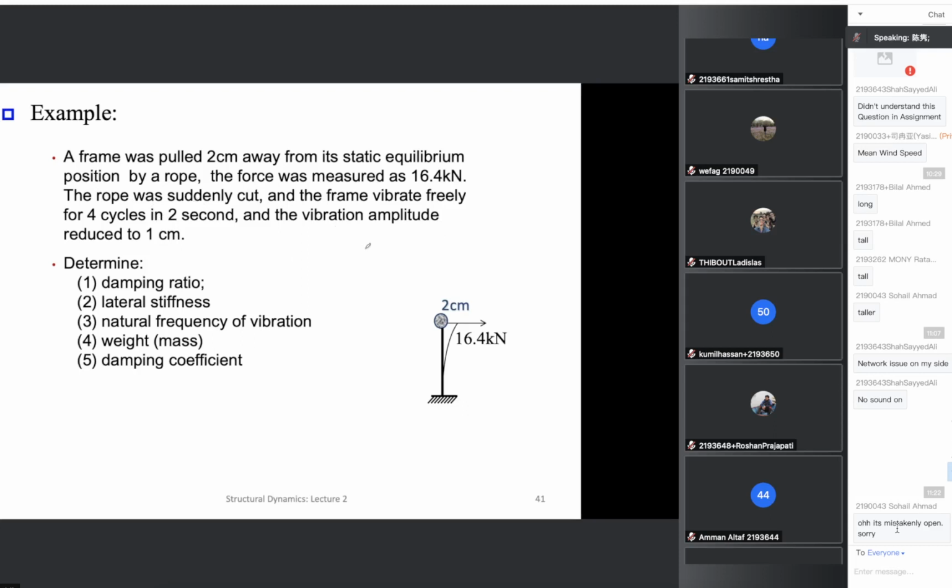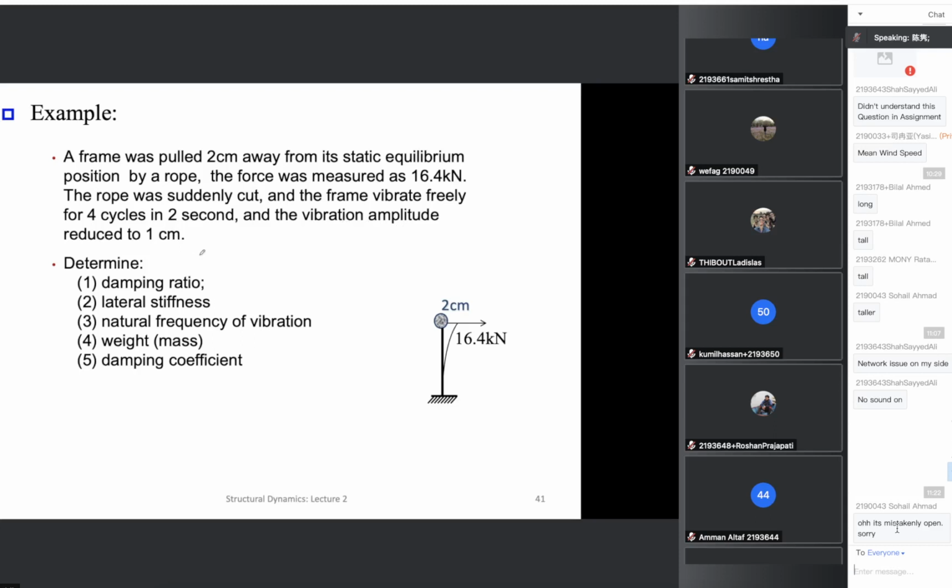And the rope was suddenly cut, which means you pull this structure away, then suddenly cut the rope, then the structure starts to vibrate. The frame vibrates freely for 4 cycles in 2 seconds, and the vibration amplitude reduced to 1 centimeter.